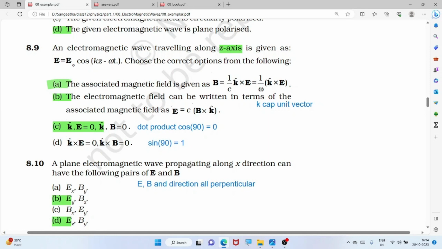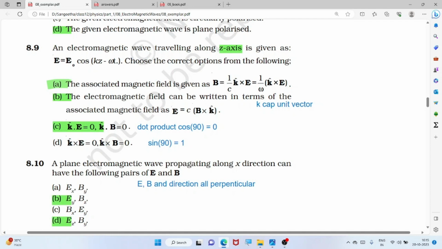Because using E equal to CB, and this is a unit vector. This is nothing to do with this relation. This is a unit vector. This dot product is 0, because all are perpendicular to each other, 90 degree, cos 90 is 0, that is why this dot product is 0.